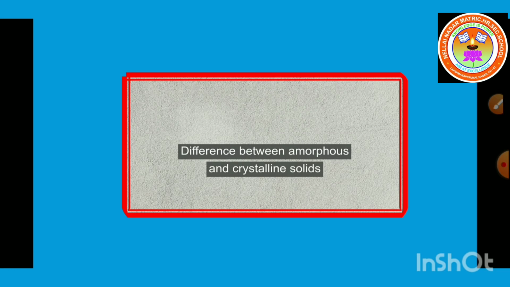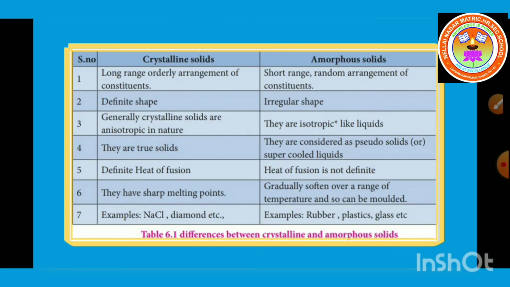After finishing classification of solids, the next topic is the difference between amorphous and crystalline solid. This is a very important question. What is the first point in crystalline solid? Long range, orderly arrangement of constituents.